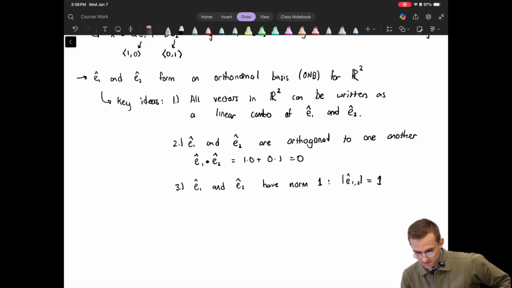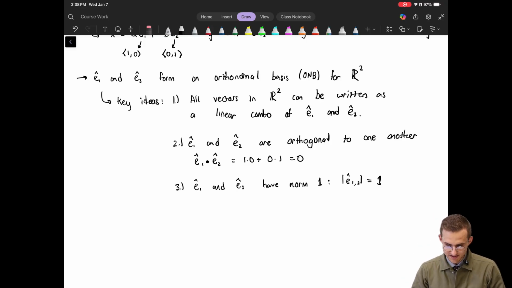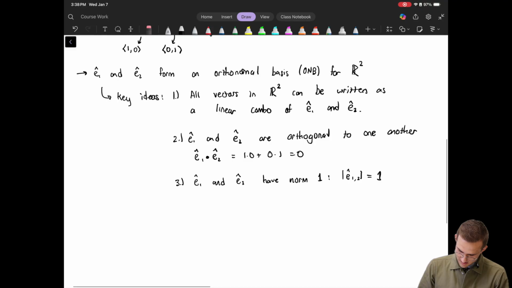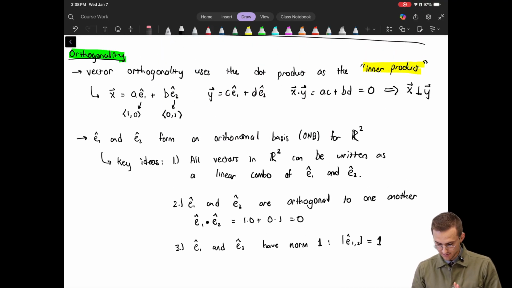Okay, and so the idea is that we want to continue to extend this idea. Up to this point, we're just talking about plane vectors and orthogonality.